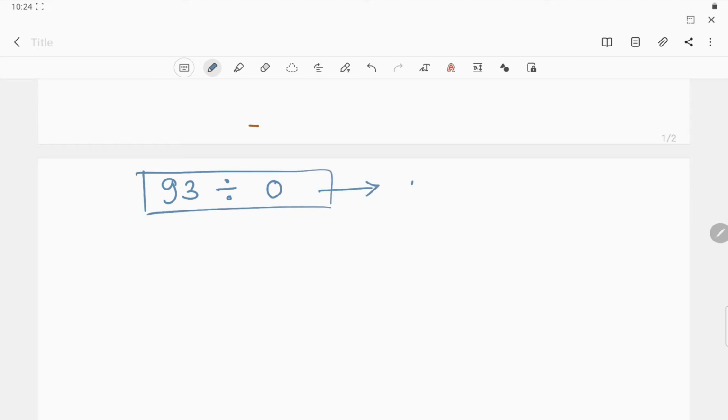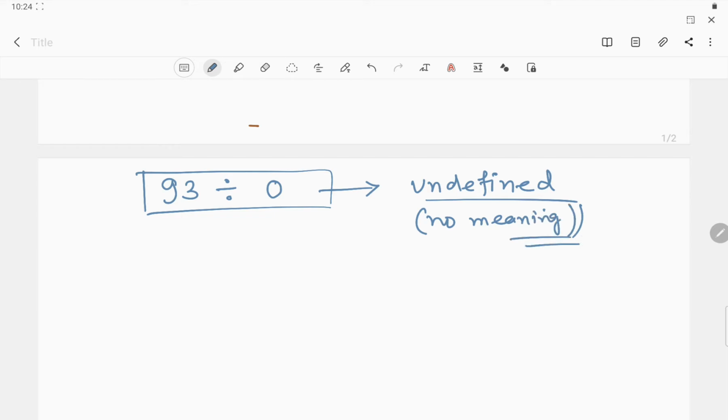It means undefined, or you can say no meaning. That means if you divide a number by 0, it means no meaning, or you can say undefined. Mathematically it says undefined. So you have to remember these things.